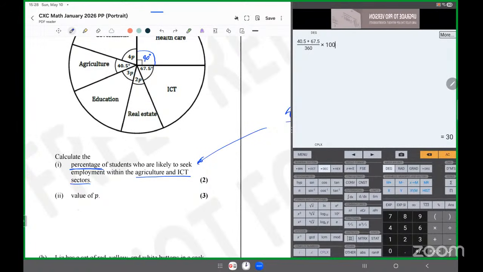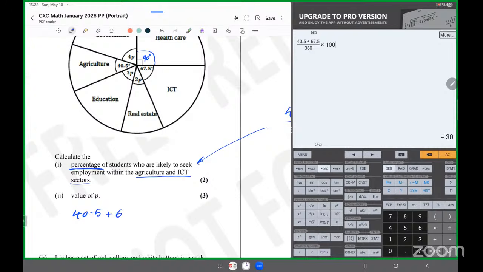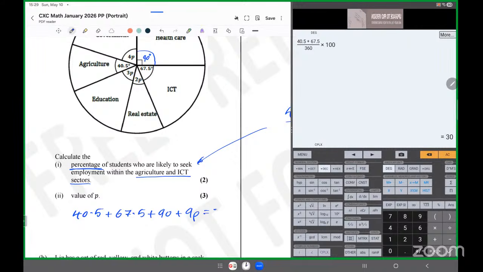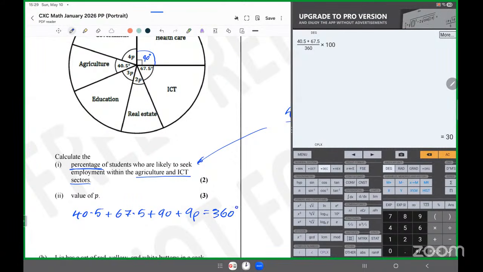All right, let's add up everything; it must add up to 360. So we can say the 40.5 plus the 67.5 plus the 90, those are the angles that we know, plus the 9P, must equal 360. Everything in degrees.